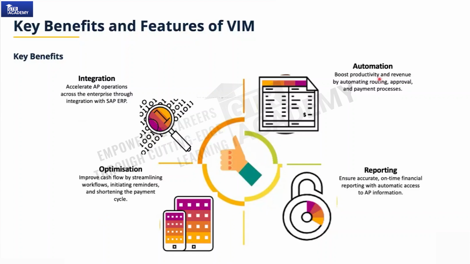Automation: boost productivity and revenue by automating routing, approval, and payment processes. The tool itself does all the routing for you, for the approvers or for different collaborative teams like tax experts, a buyer team, a service entry sheet creator, or a coder. We'll talk about what a coder is at a later stage.